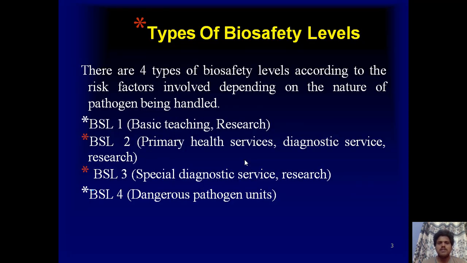Now, coming to the basic thing, the types of biosafety levels. There are four types of biosafety levels according to the risk factors involved, depending upon the nature of the pathogen that's being handled. Biosafety level 1 is meant only for basic teaching and research, normally the biotechnology labs in the colleges for academic teaching and some kind of basic research.